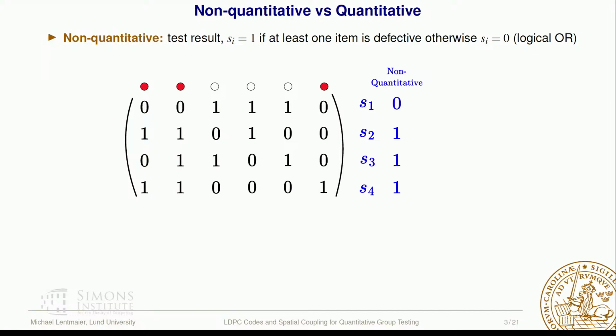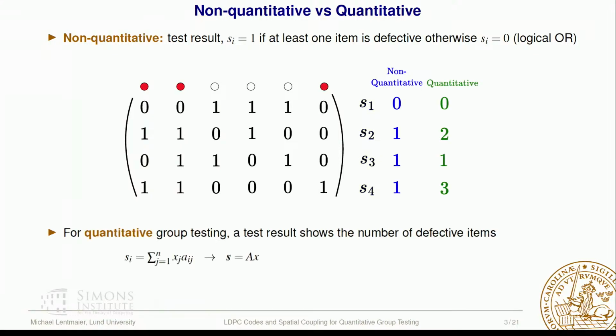But if we go to the quantitative case, then we actually can get the number of defective items from our test results. So this gives us a bit more side information, and this is what we are going to consider here. In this case, we can say that syndrome is basically a normal matrix multiplication with our X vector.